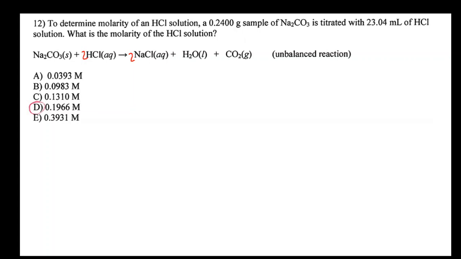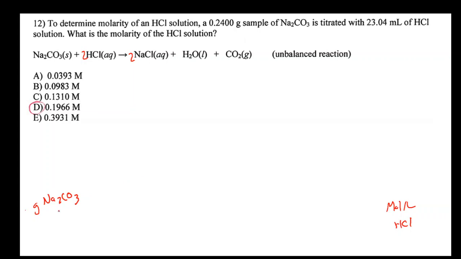So our final thing we want to determine is big M, or moles per liter of HCl. And we're starting off with a sample of Na2CO3, so that would be grams of Na2CO3. So this is our starting point.